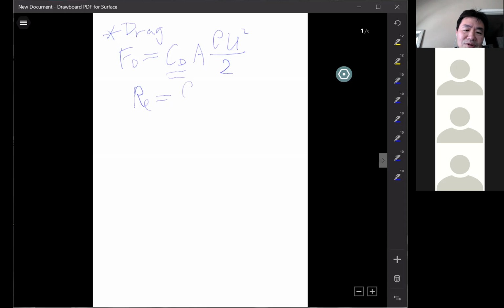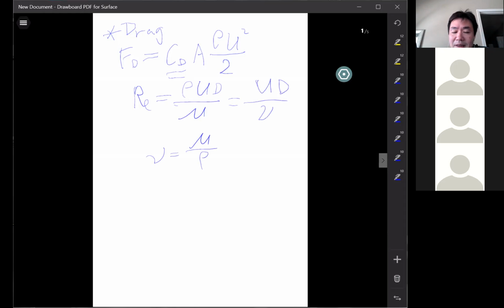I had a question from a student before. They said, why do you use this viscosity mu, or sometimes you use the other viscosity? They are the same thing, because kinematic viscosity is dynamic viscosity divided by rho. So it depends on the table which viscosity you get. That's the same Reynolds number calculated.